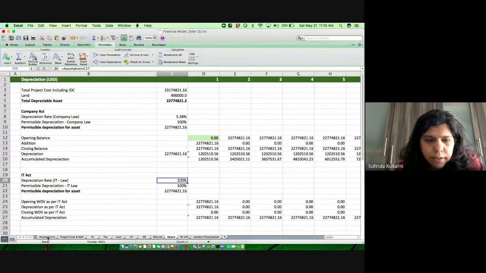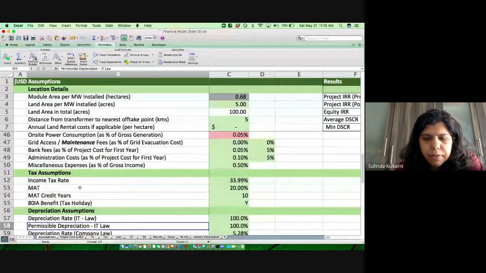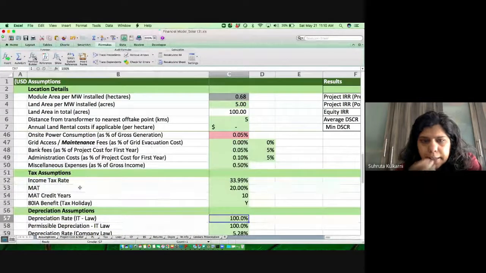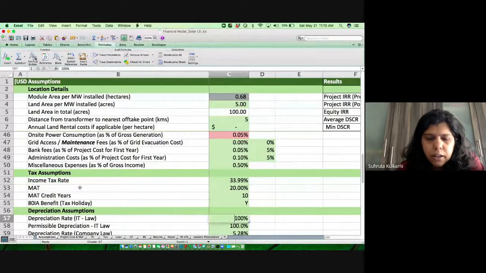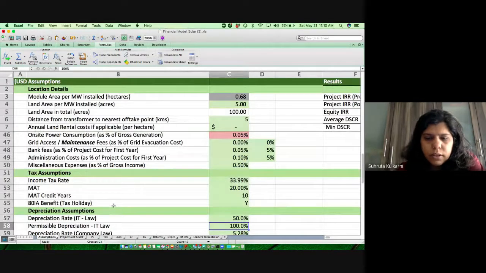If I go to C57, let's say my depreciation rate as per the IT Act is 50%. Then this whole depreciation will change. It is now 50%, and hence the depreciation over a period of time also changes. This is how the depreciation sheet is calculated.